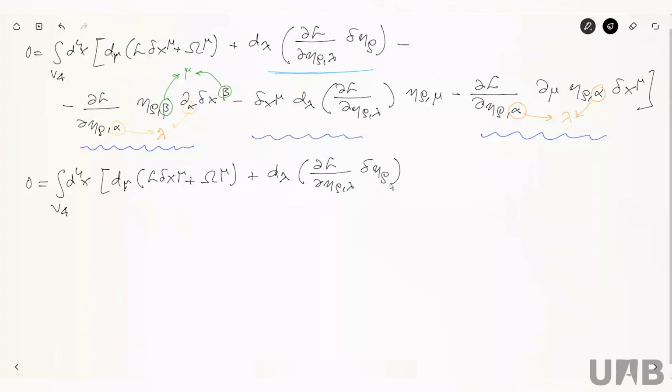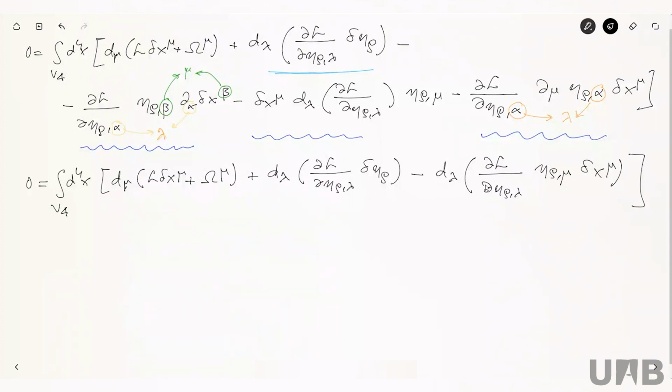And now the three terms are minus d lambda of the product of three terms, d L over d eta rho comma lambda, eta rho comma mu, delta x mu, the three terms together. Now we have to see that I'm not cheating, that this is true.